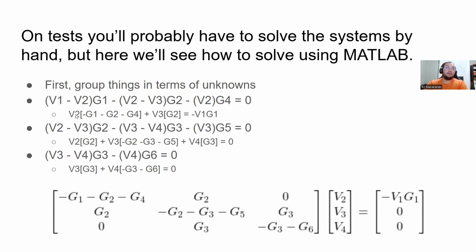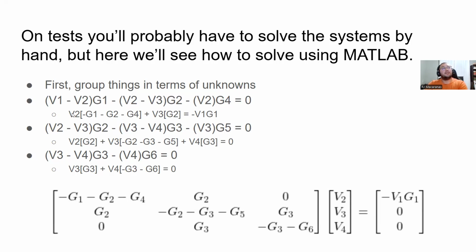I'll start off with V2. I'll look at all of my terms here, and I see that I have a minus G1, a minus G2, and a minus G4. Maybe I wrote this out wrong, but oh yeah, it is minus G2, sorry.